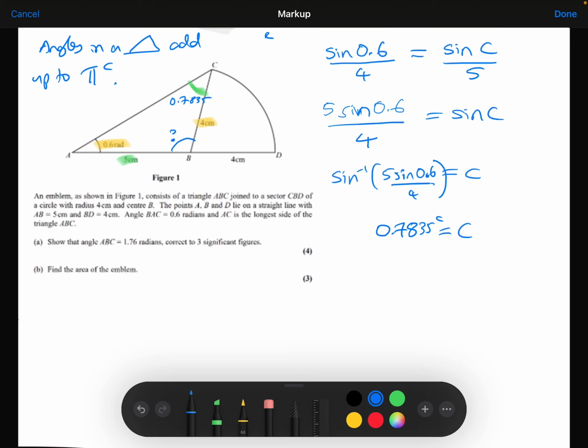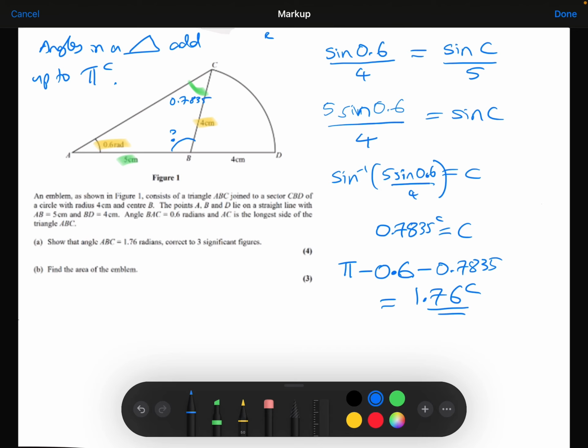In radians, 180 is pi radians. So the angles in a triangle add up to pi. So if I now do pi, take away the 0.6 radians, take away the 0.7835 radians, I get 1.76 radians to 3 significant figures. So that's part A.